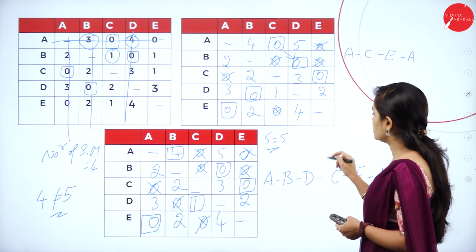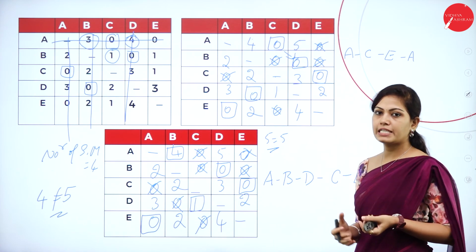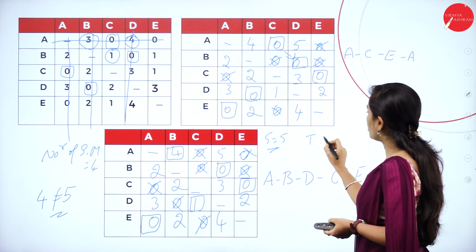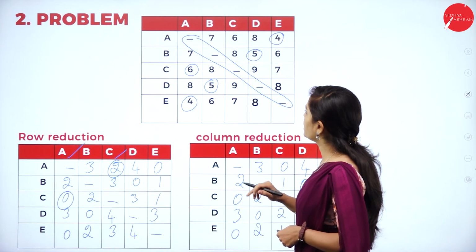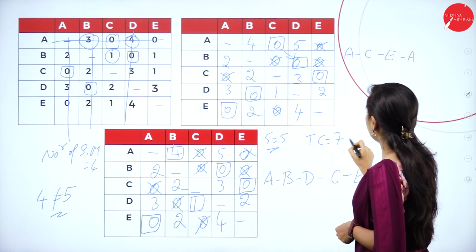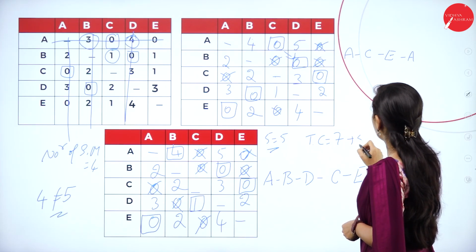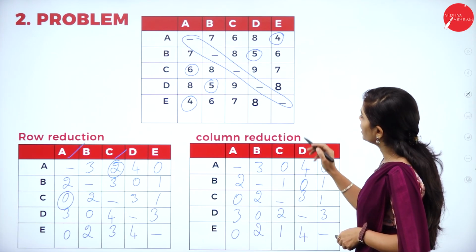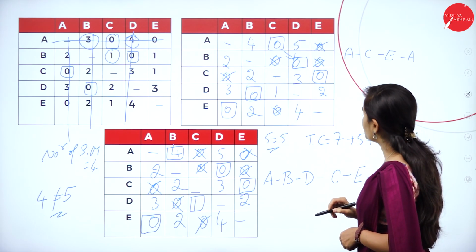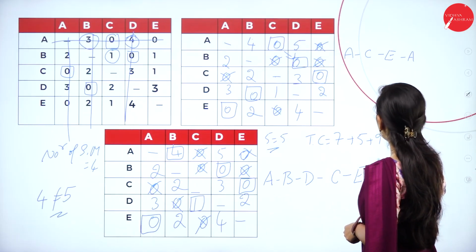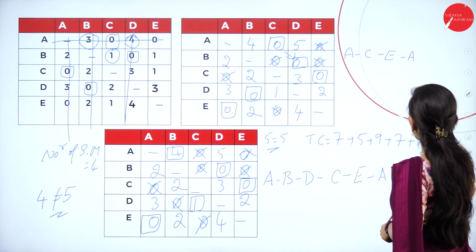So now you can find the total cost. This is your assignment now. It's satisfying the traveling salesman condition. So what is the total cost? Travels from A to B. The original value of A to B is 7, plus B to D, B to D is 5, and D to C, D to C is 9, and C to E, C to E is 7, plus E to A, E to A is 4.